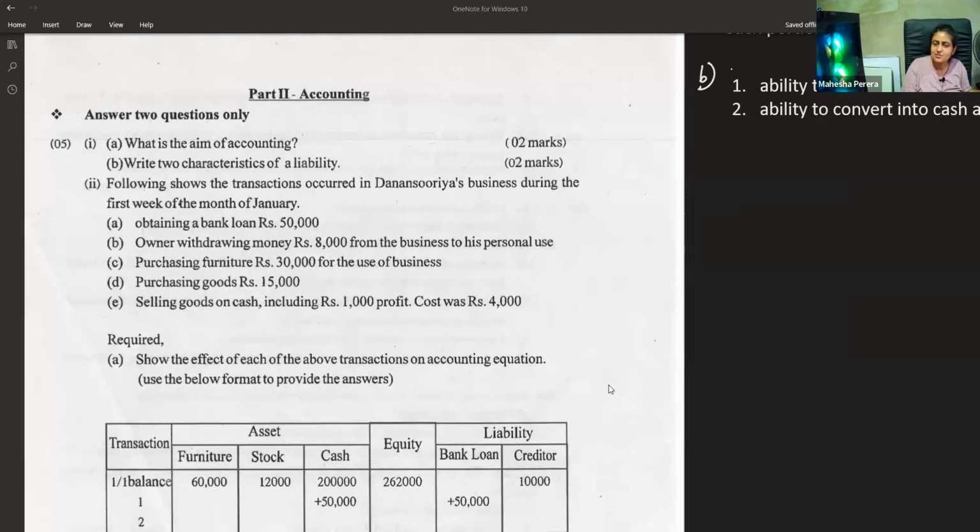They are asking actually the main aim. Hari? There are some aims, but the main aim is to provide information to the interested parties of a business for their decision making. So providing information to the stakeholders කියලා short කරන්න පුළුවන්.